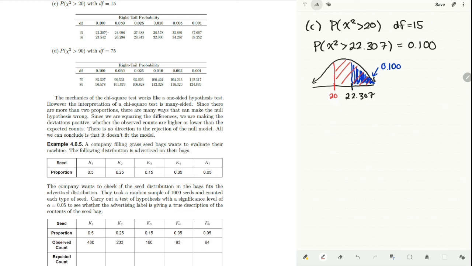Since the area to the right of 22.307 is equal to 0.1, that tells us that the area to the right of 20 is larger than 0.1.